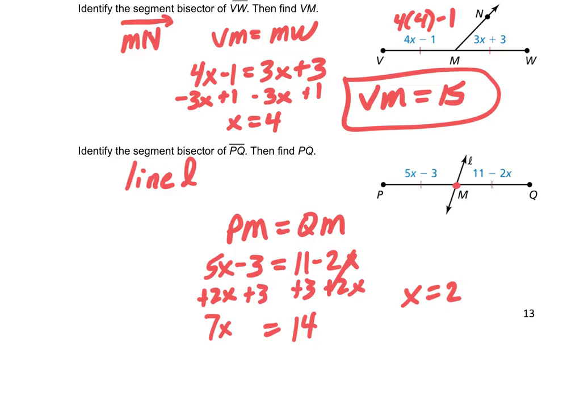5 times 2 is 10 minus 3 gives me 7. Over here, 11 minus 2 times 2. 2 times 2 is 4. 11 minus 4 is 7.